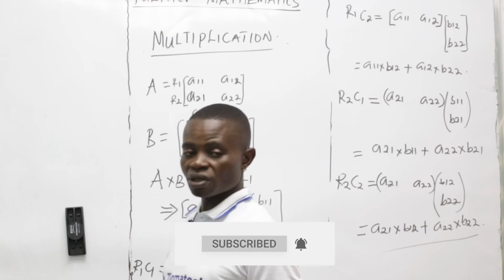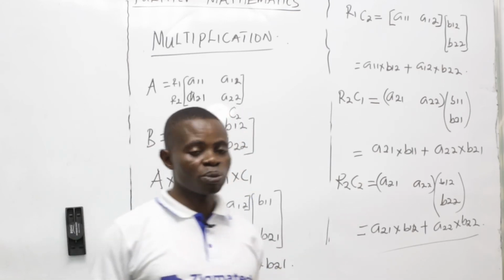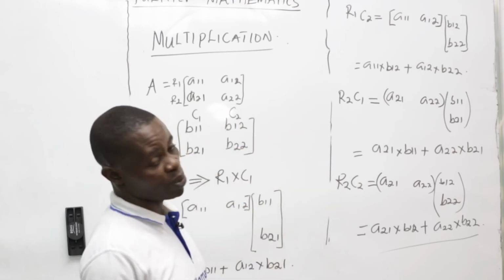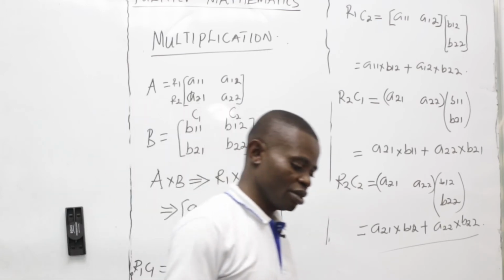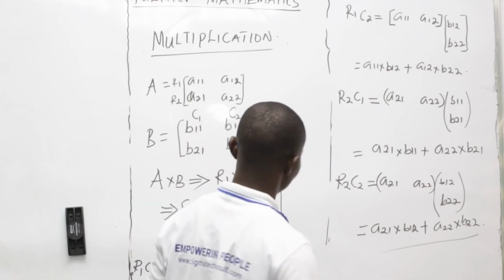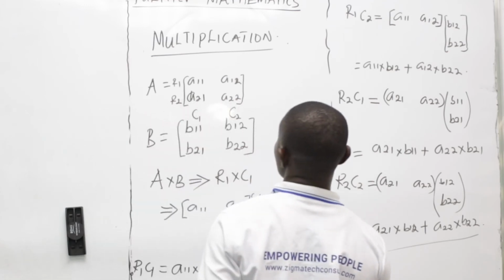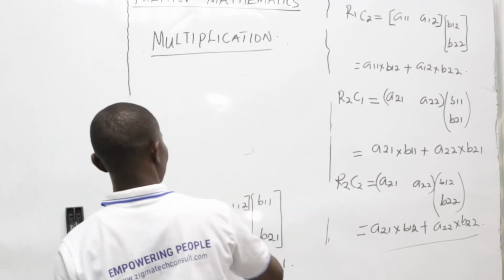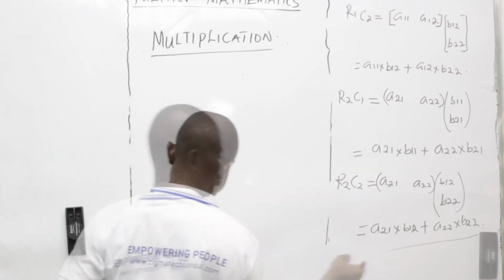So let us multiply 2 by 2, then we multiply 3 by 3 before we can call it over for this period. Now, 2 by 2 multiplication of matrix.